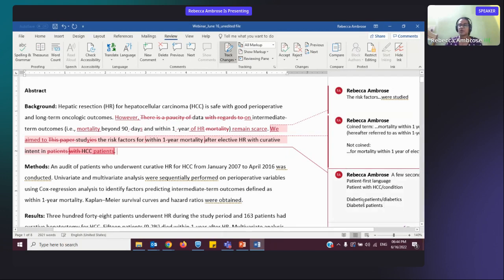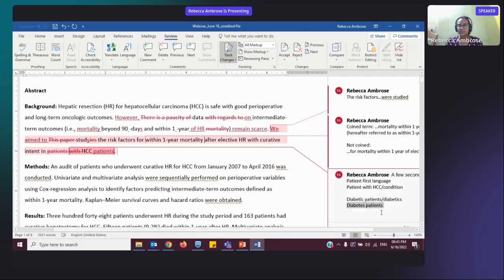Now, they do this because when you're referring to people as diabetic or diabetics, this kind of phrasing sort of tags the people with the disease, and that's not considered appropriate nowadays.